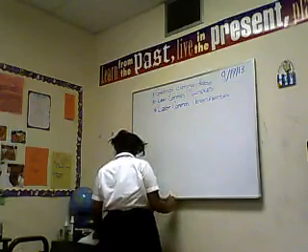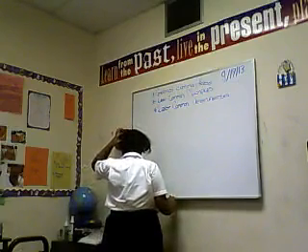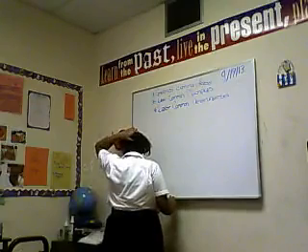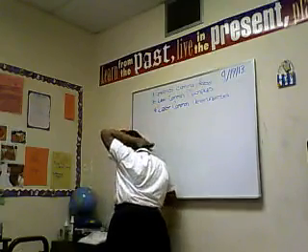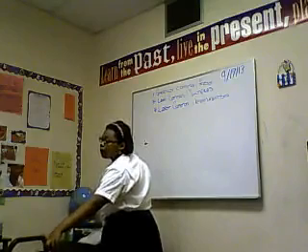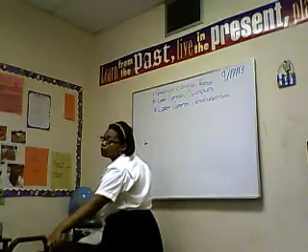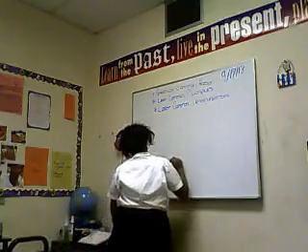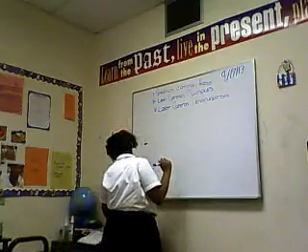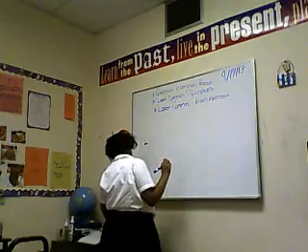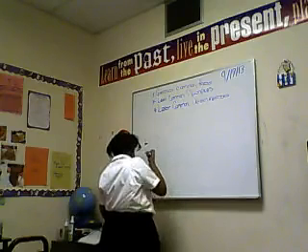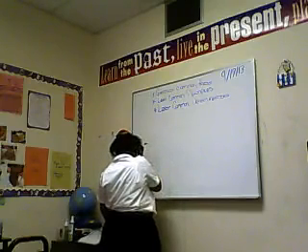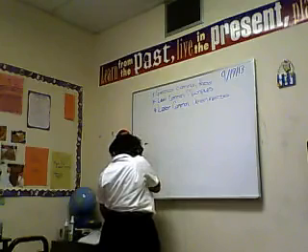Why's your book not open? We're looking at number 1 on page 181. It says use the LCD, which is the least common denominator, to write like fractions, and then tell which one is greater.